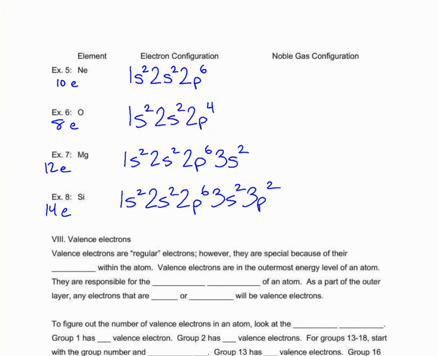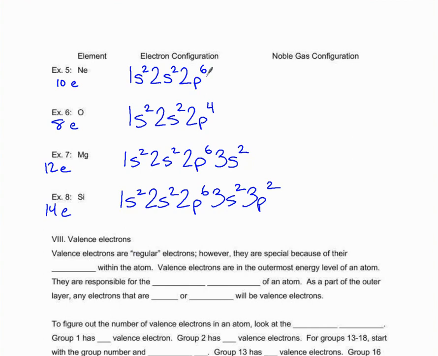There's a lot of repetition here, and in some ways that's good. As we're learning it, it's nice that they all follow the same pattern. But you get this idea that we wrote a lot of the same letters and numbers over and over. For instance, every single one of these has 1s2, 2s2.